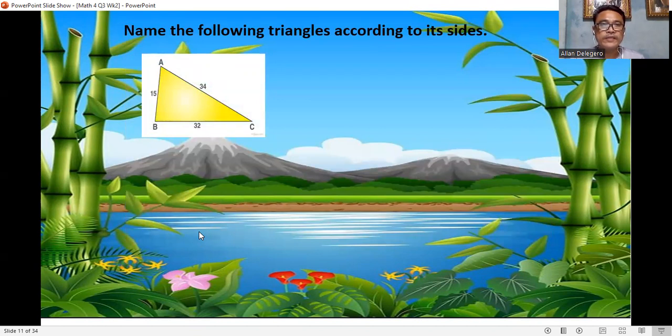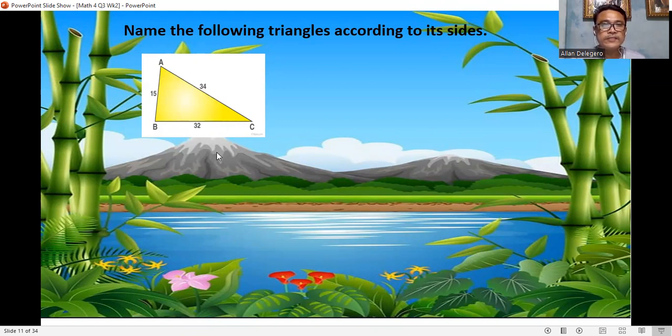Let's do this. Name the following triangles according to its sides. Number 1. The sides here are 35, 34, and 32.